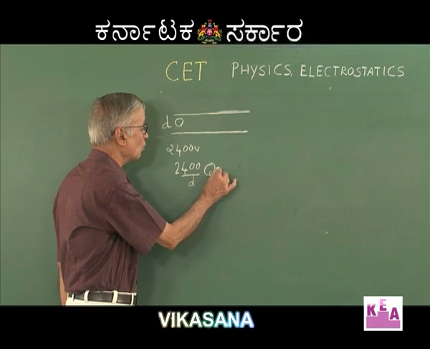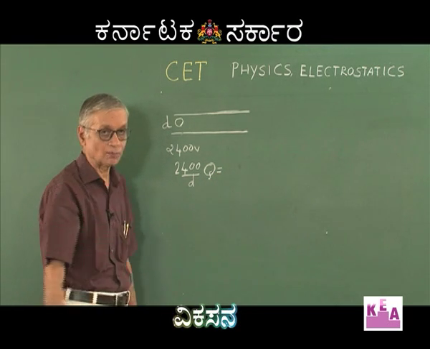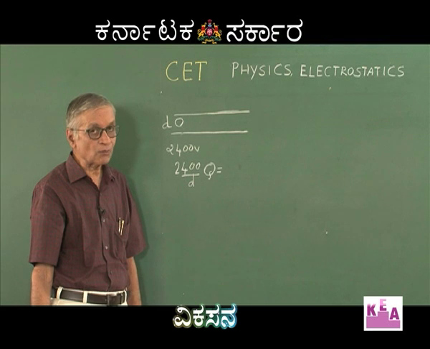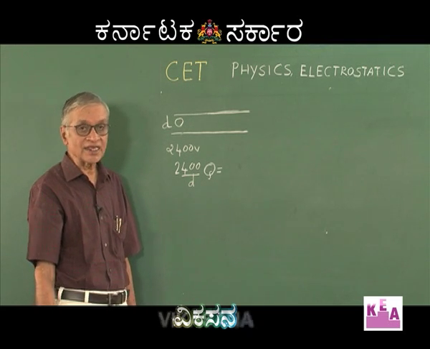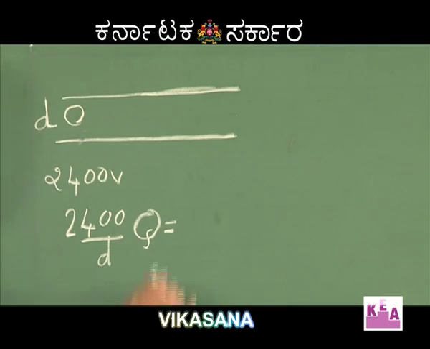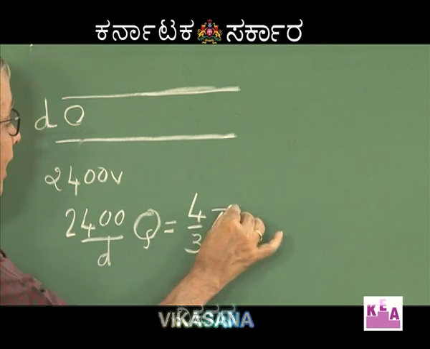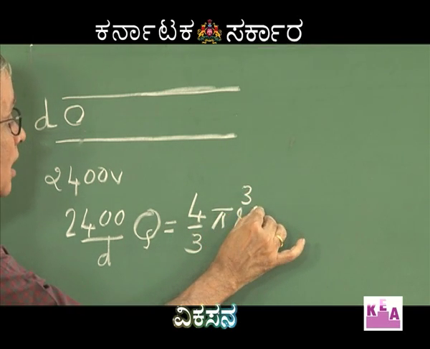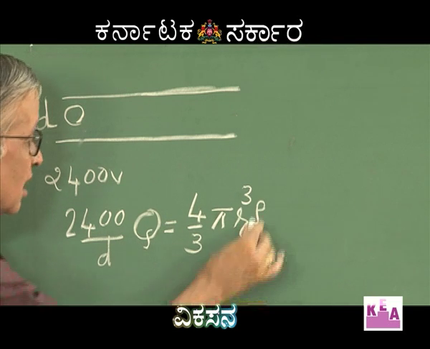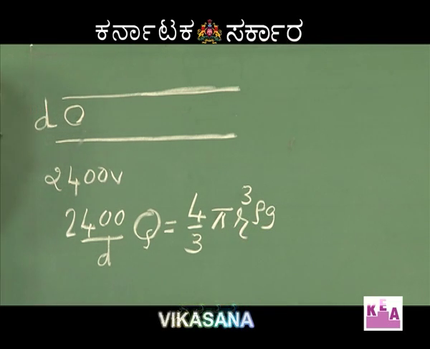This must be equal to the weight of the drop. If the radius is r, the volume is 4 divided by 3 pi r cube, into rho gives the mass, into g gives the weight. Therefore, the electrostatic force is balanced against the weight, hence the drop is stationary.